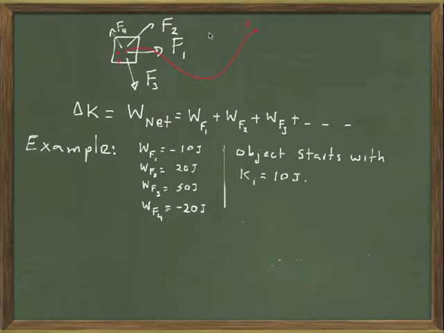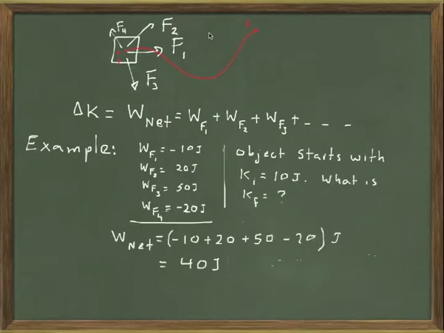acting on the block. So you're going to do the net work, which should be equal to the difference in kinetic energy, the final minus the initial. That's what the work kinetic energy theorem tells you. Okay? So the first thing will be to do the net work, which is just adding everything that you have.